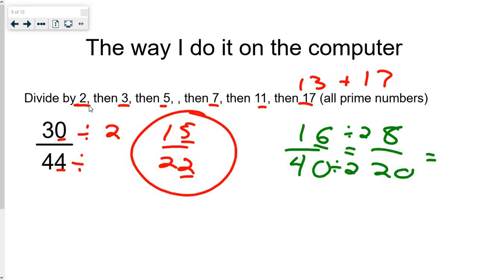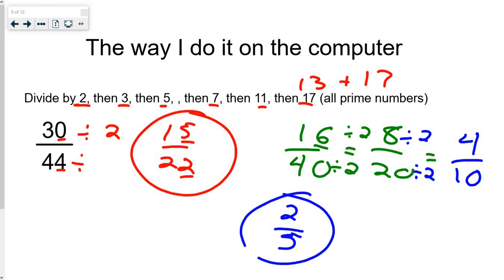If you divide both by 2 again, we're still in the same rule, it's 4 over 10. We can still divide both of those by 2, so it's 2 over 5. And we know that that's the lowest, so there we go. And we just divide by 2 every time. If we can't, then divide by 3, then divide by 5, etc. But that's the way I do it on the computer.